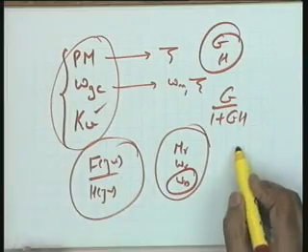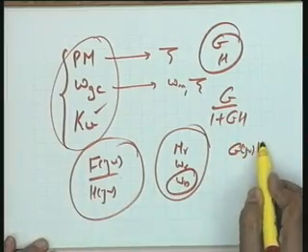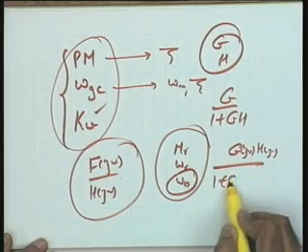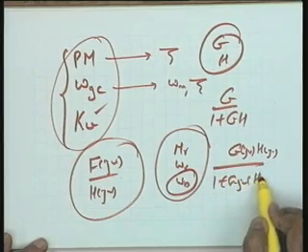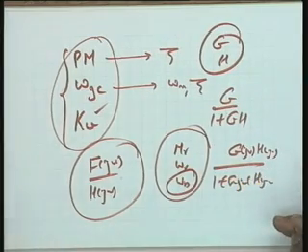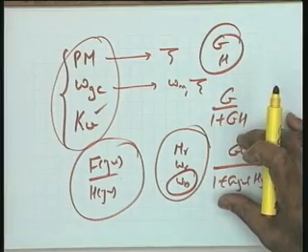F(jω) will be the total response, G(jω)H(jω) over 1 plus G(jω)H(jω). It is the total response, not that Mr you will divide. You will get the total response from here.